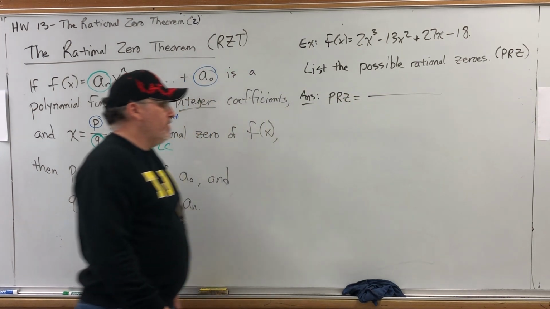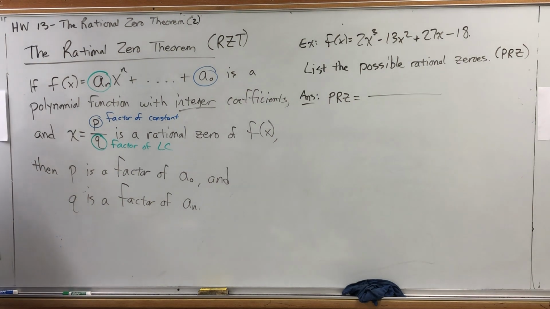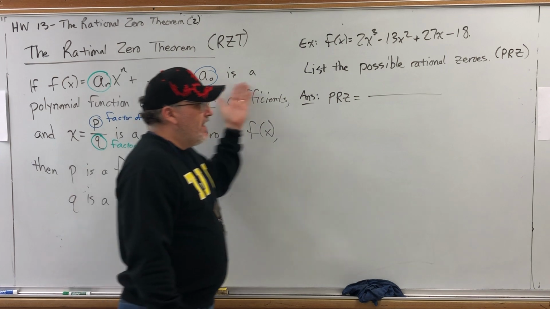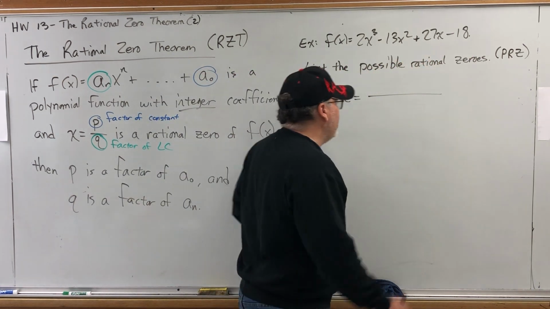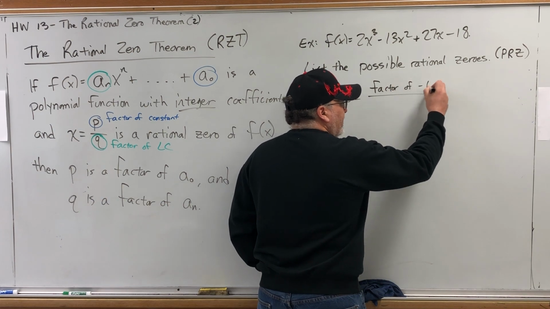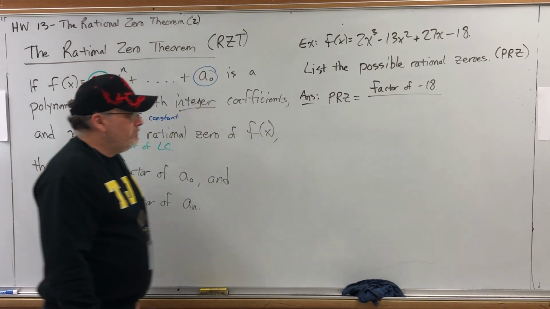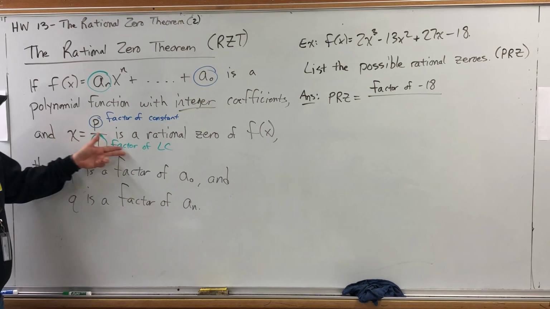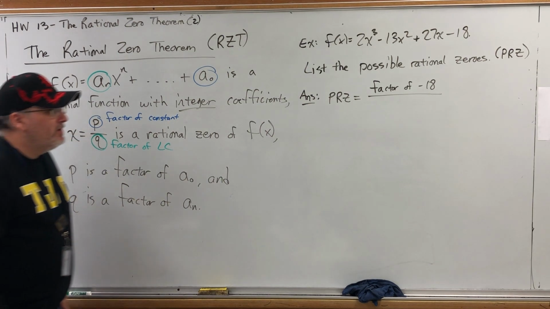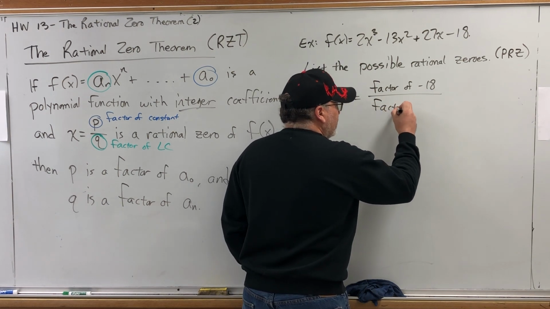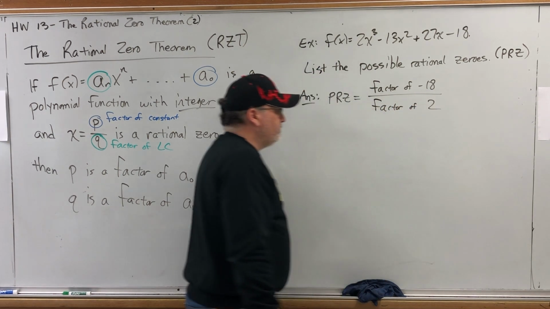Well, according to the rational zero theorem, the only possible numerators are factors of the constant term, and the constant term here is negative 18. So our numerator must be a factor of negative 18. The rational zero theorem also states that for your possible rational zeros, the denominator must be a factor of the leading coefficient. The leading coefficient here is 2. So the denominator must be a factor of 2.